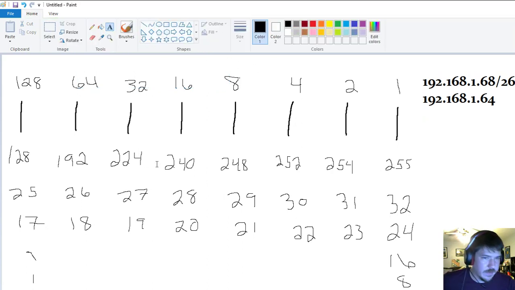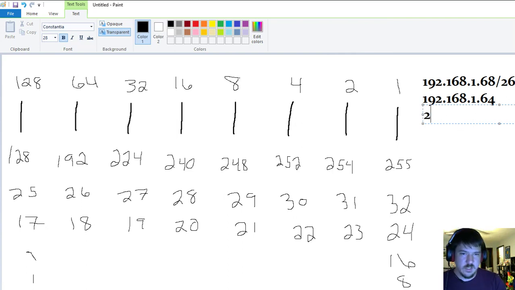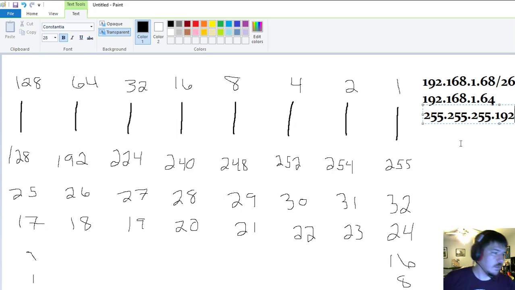And what's our subnet mask going to be? So say this is our /26 right here. Our subnet mask is going to be 255.255.255.192. And what this tells us is there's 192 previously used bits, essentially.